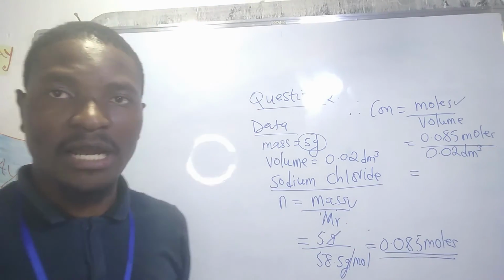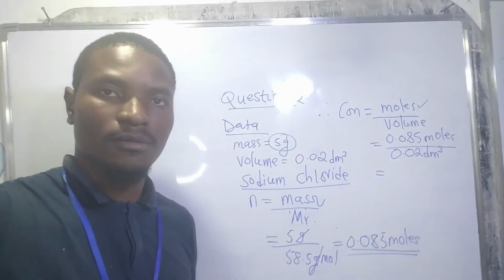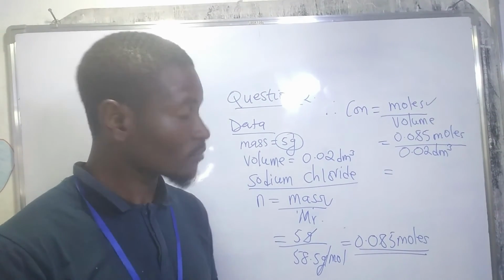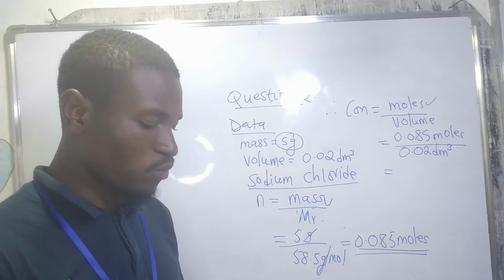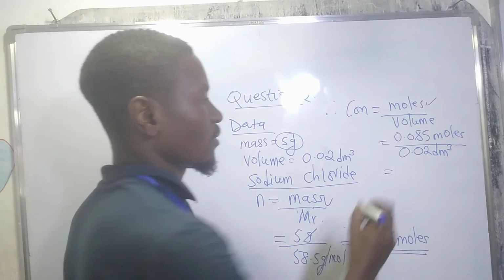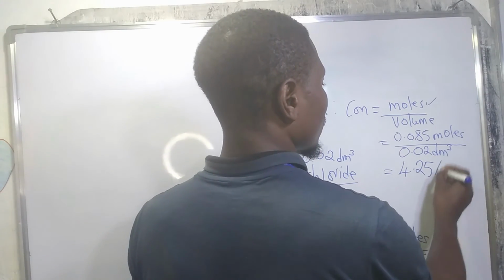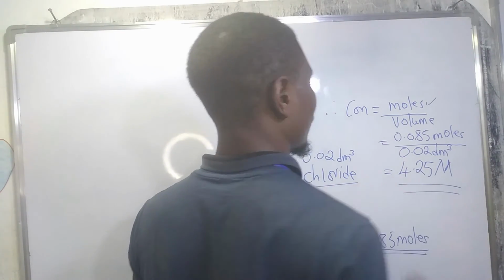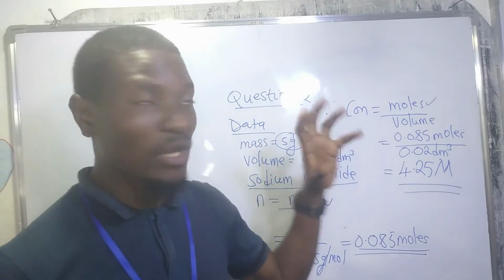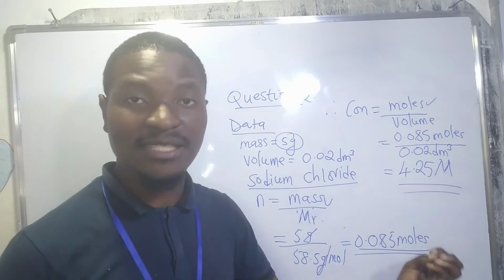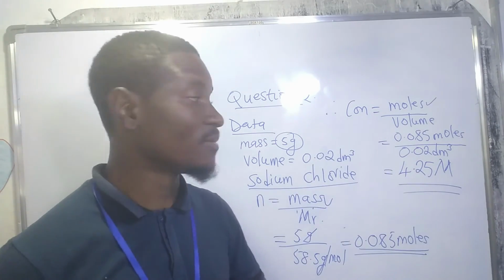Now you use your calculator. This is going to be 0.085 divided by 0.02, so you get 4.25 molar. Remember, I've written capital M when the units of concentration are expressed in moles per volume, or moles per cubic decimeter.